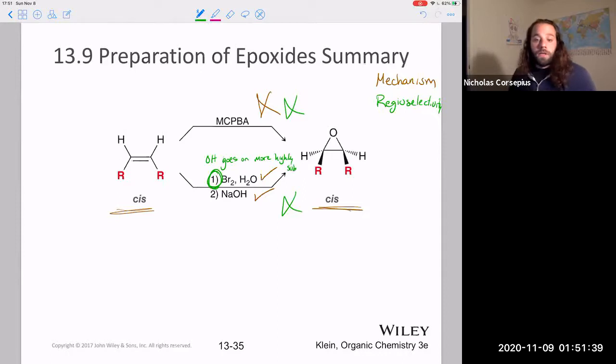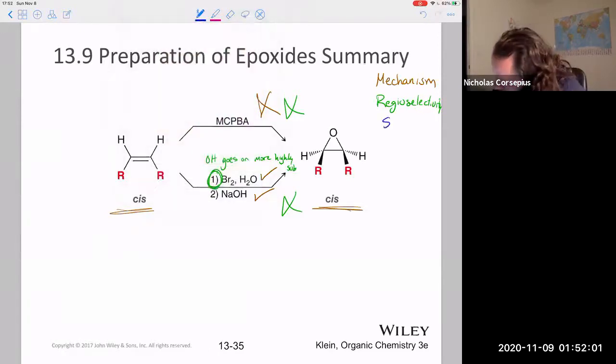So for those ones, if you were just doing the halohydrin, if I asked you for the mechanism, you would want to make sure that you paid attention to the regioselectivity of that first reaction, where the OH group is going to wind up on the more highly substituted carbon. But then once you do the next step, the regioselectivity doesn't really matter. Okay, but still for the mechanism, if I ask you for a mechanism, you would want to know that.